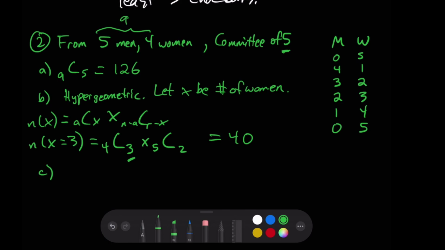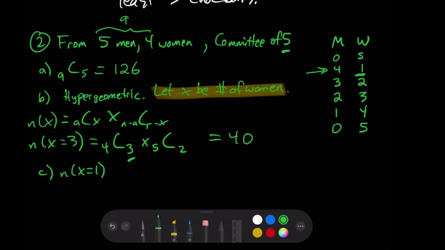C, with exactly 4 men. So let's keep our same let statement as before. Let X be the number of women. So success is being a woman. So we want 4 failures, so to speak. And if we have 4 failures, 4 men, that means there's 1 successful woman. So we're going to find N of X equal to 1. Or we could rephrase the question.